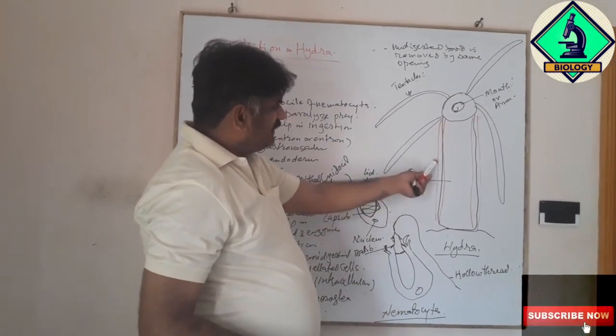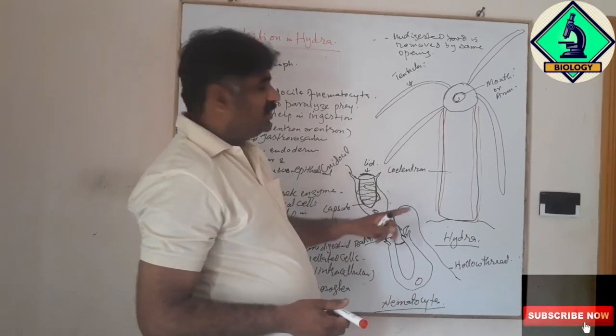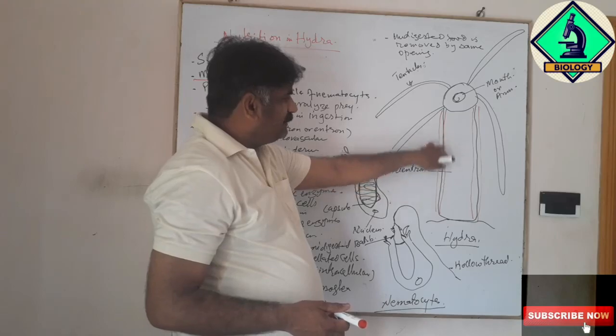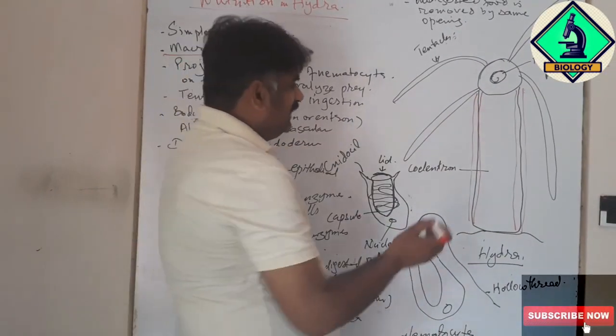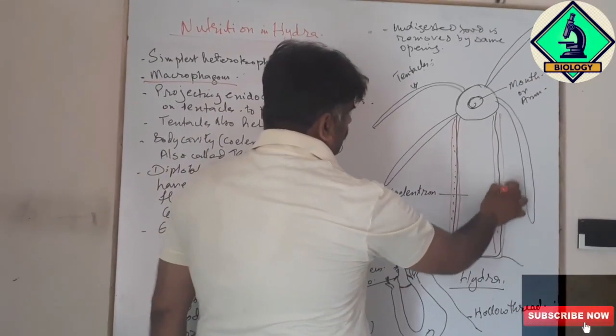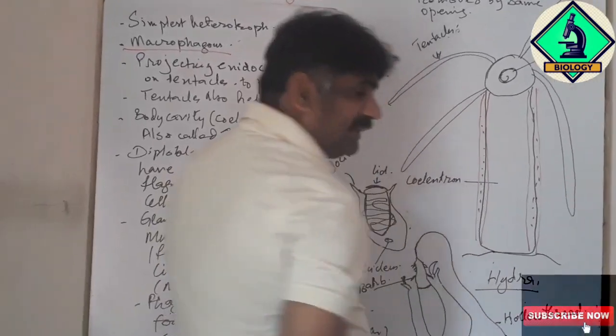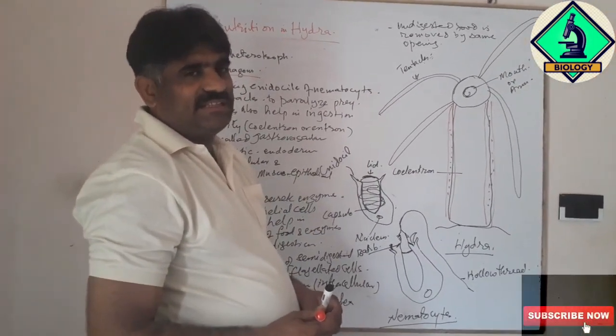Now we see that it's diploblastic, but there is no true third layer between the ectoderm and endoderm. Instead there is a jelly-like fluid, or even acellular, but they have very great space between their cells.